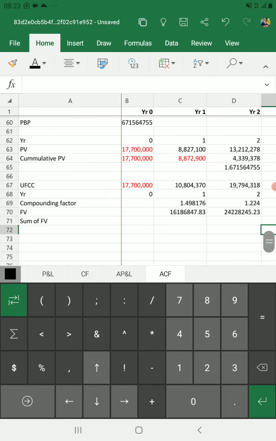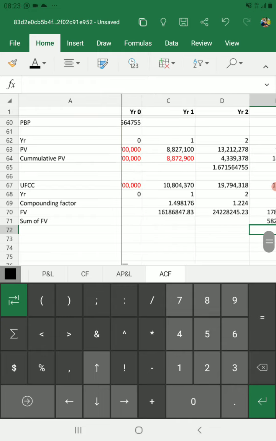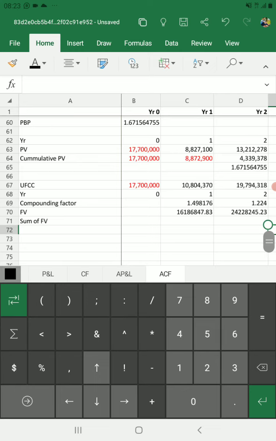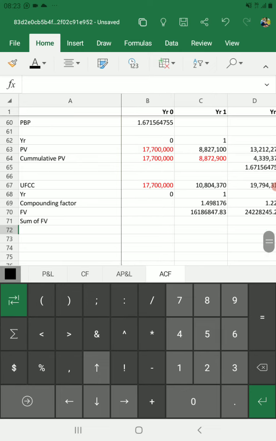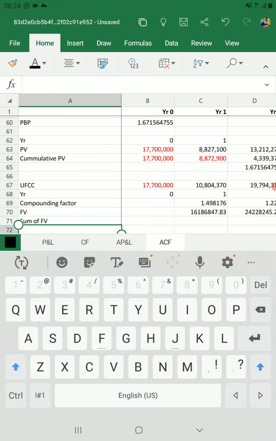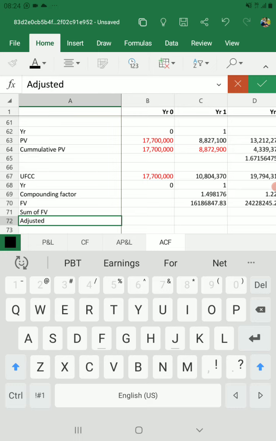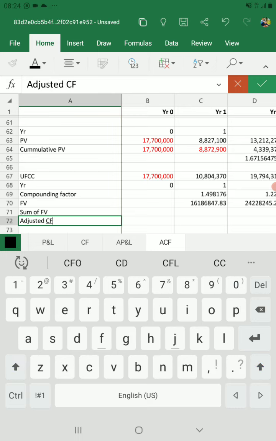So now our cash flow is being reduced to two components here. The first component is initial outlay. So let me call it adjusted cash flow.